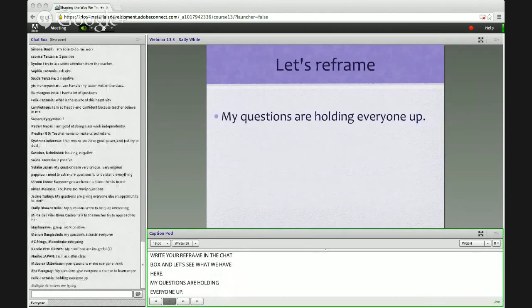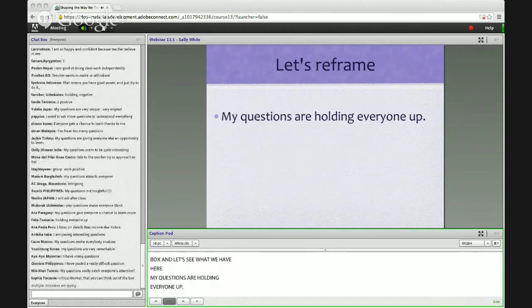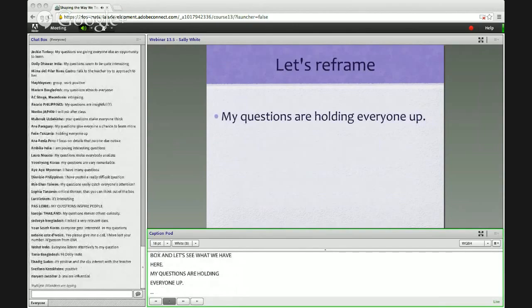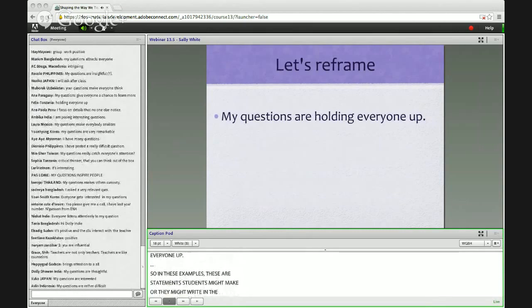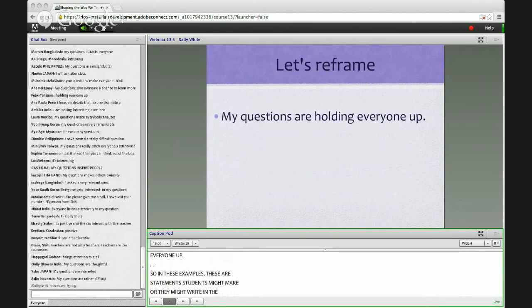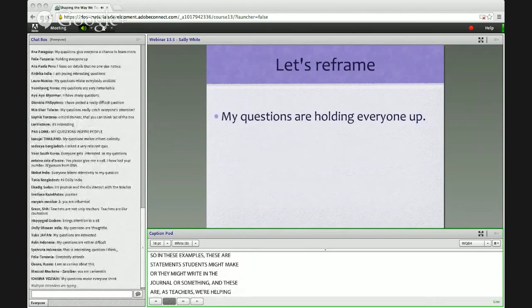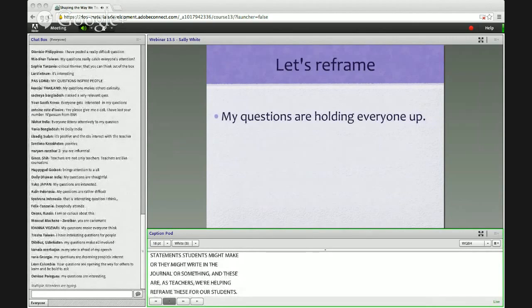So in these examples, these are statements students might make, or they might write in a journal or something, and as teachers, we're helping reframe these for our students. So the positive reframes do come from the teachers in this case.